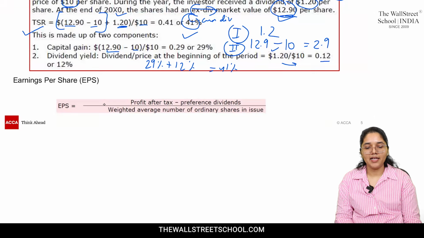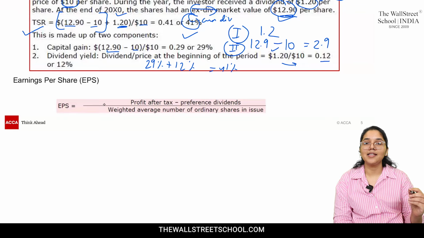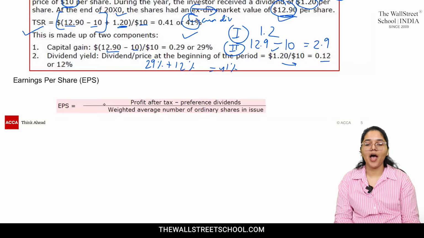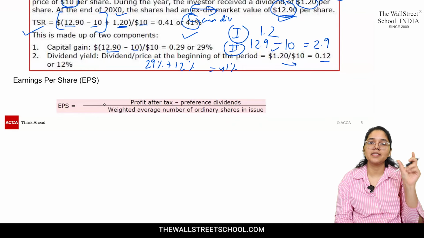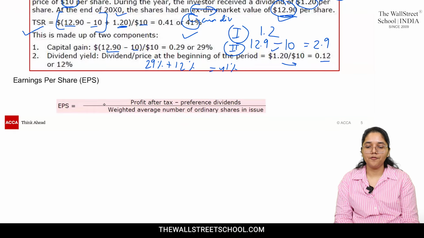So I will explain the formula that is given to you. It says PAT, profit after tax, minus preference dividend. So why are we doing that? Let's start from the very scratch. How does your statement of profit or loss start? It starts from the top item, which is the sales item. So you start off with sales. From sales, you subtract your variable cost, which gives you your contribution.